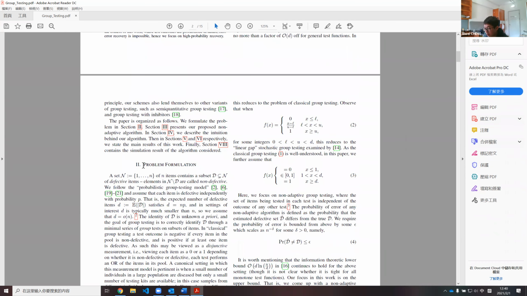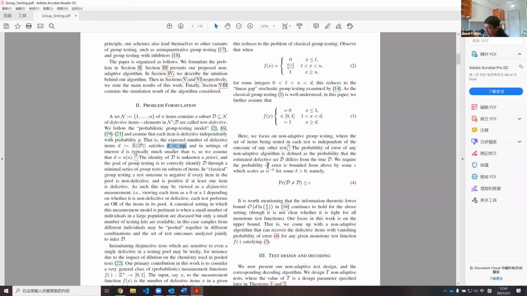Then let's turn to the problem formulation part. Here is a set capital N of n items, where each item is defective with probability P, and there are expected to be D defectives, which form the subset capital D. Our aim is to identify capital D, and our identification is called D hat.